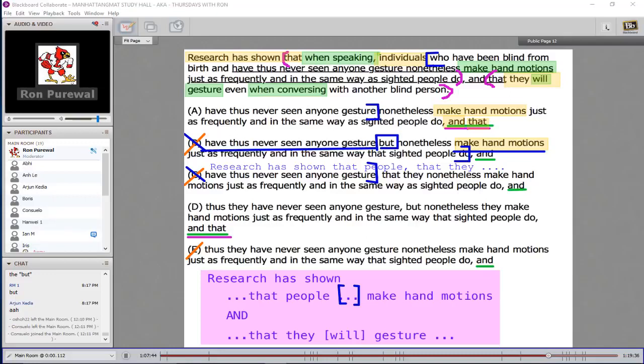D has the same problem as B does. This is supposed to be the end of the modifier here, but it isn't, because you're mistakenly making this entire thing into a modifier.